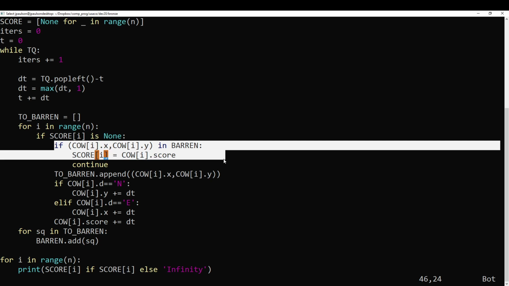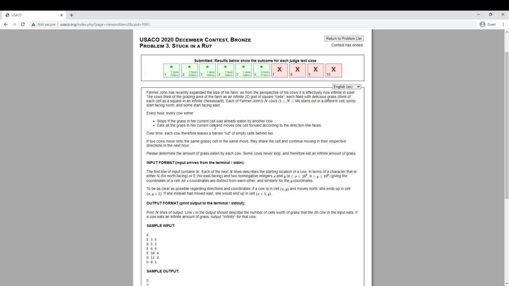This is a more accurate description of the rules, is that you check before you move.